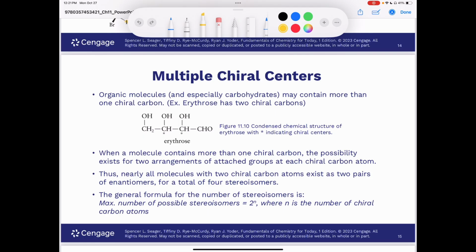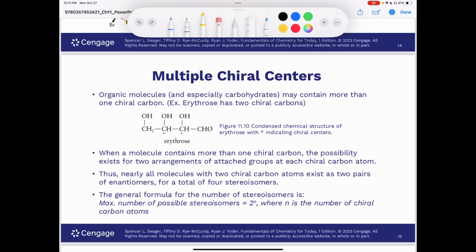So when a molecule contains more than one chiral carbon, the possibility exists for two arrangements of attached groups at each chiral carbon, right? We can reverse the stereochemistry at any chiral carbon, and thus nearly all molecules with two chiral carbon atoms exist as two pairs of enantiomers, for a total of four stereoisomers. Now, if you're wondering where I'm going to get that number from, the four total stereoisomers?